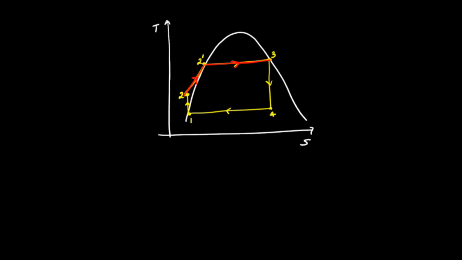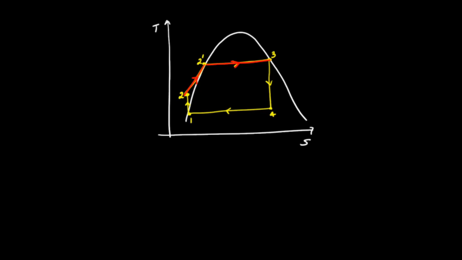Therefore, the average temperature at which heat is supplied to the Rankine cycle is less than that of a Carnot cycle. Therefore, the efficiency of the Rankine cycle is lower than that of the Carnot cycle.